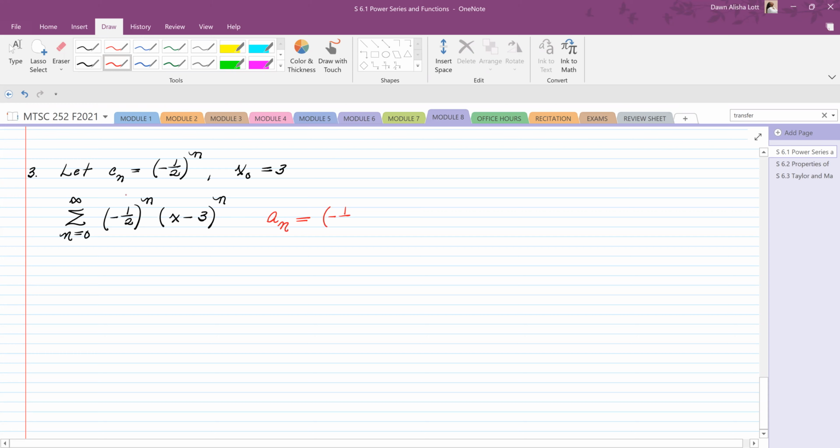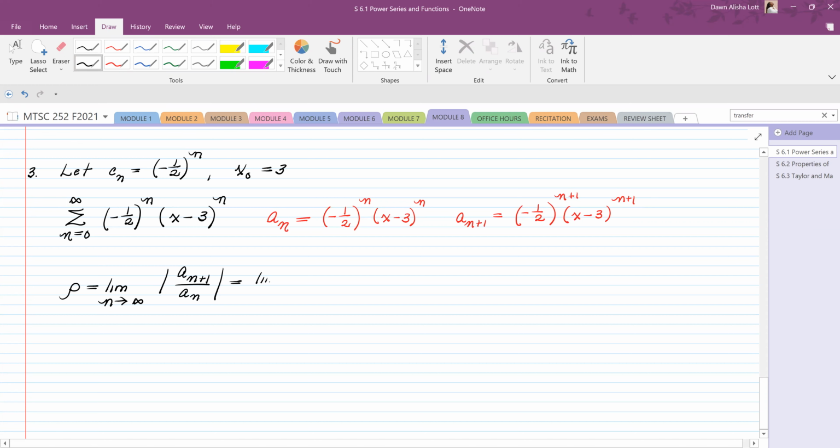Minus 1/2, oh, nope, is it minus? Yeah, minus 1/2 to the n times x minus 3 to the n. And a_(n+1) is minus 1/2 to the n plus 1 times x minus 3 to the n plus 1. Okay, so rho is the limit as n approaches infinity of the absolute value of a_(n+1) over a_n.